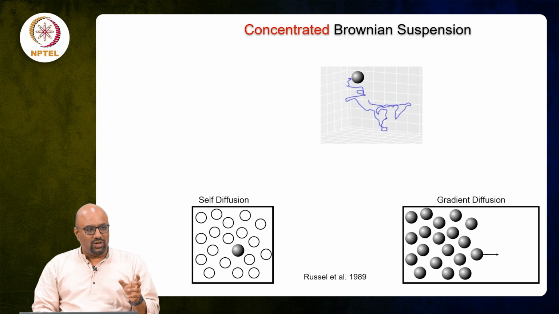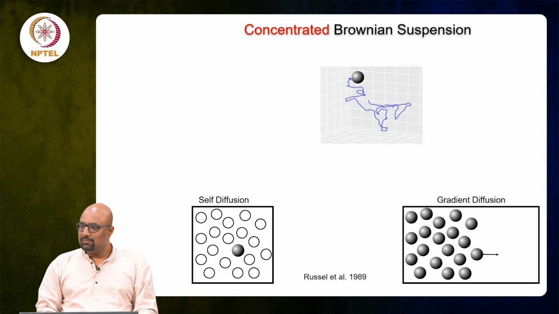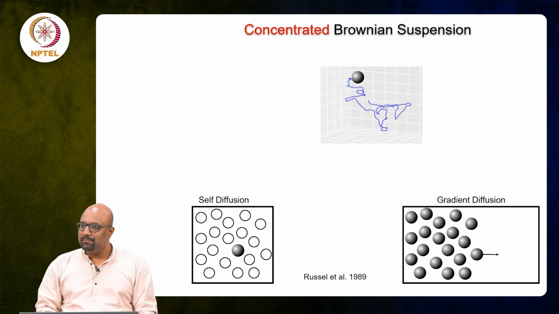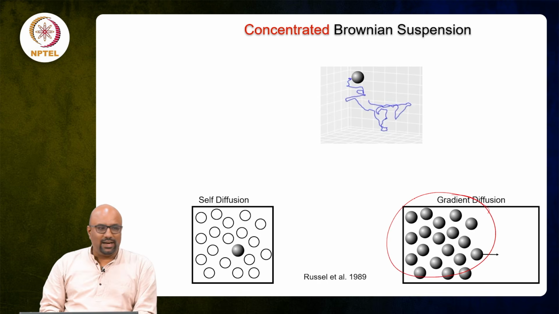Now, when you have switched it off, you are basically starting out at t equals 0, a scenario where all the particles are accumulated in one direction, and then they are going to spread. Now, when they are going to spread, this is something that is basically due to gradients. So, that is why this is called gradient diffusion.